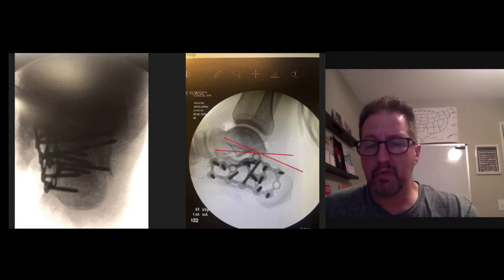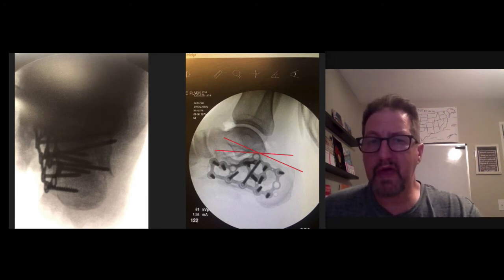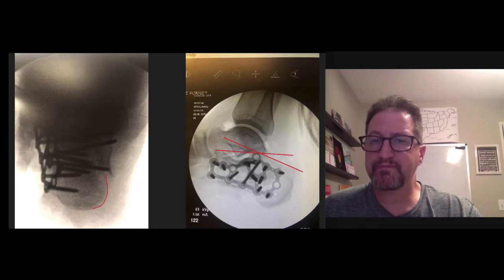It has to be within that 30 to 35 area. If you want to say 20 to 40, that's okay. But a normal Bowler's angle corresponds to patients doing better post-op. So there's a problem there. That's low. That means that this is not anatomically reduced.